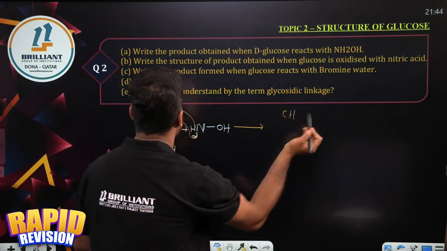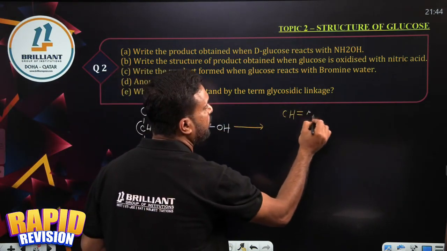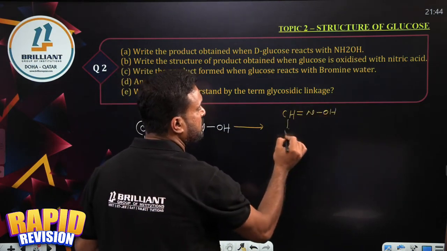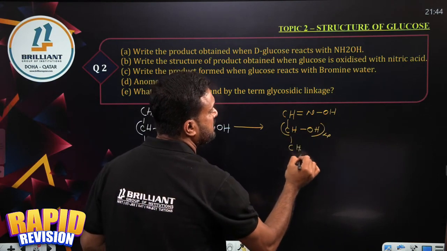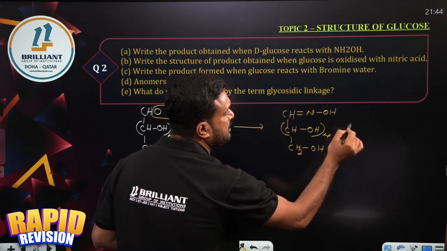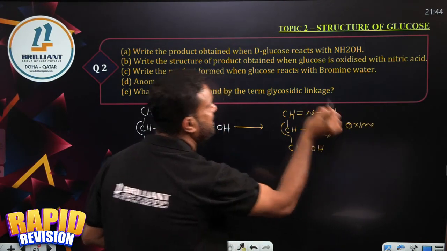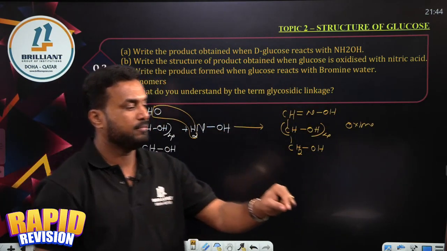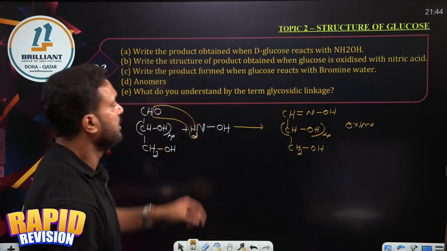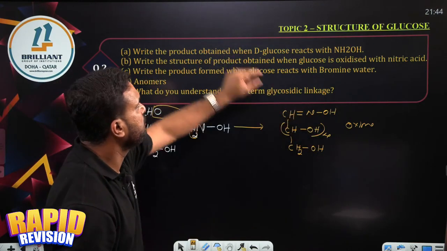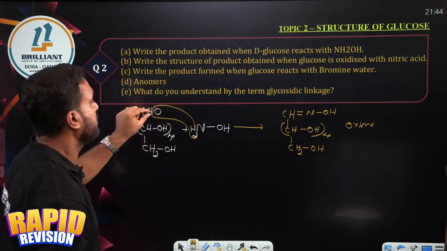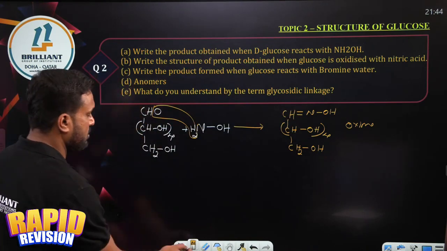Then you get CH double bond N, single bond OH, which is called an oxime. CHOH four times remains the same, then CH2OH. This compound is glucose oxime. This reaction gives the proof of an aldehyde or carbonyl functional group in glucose.